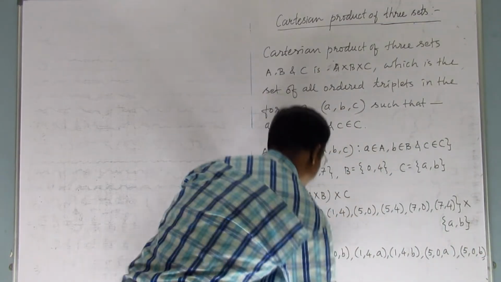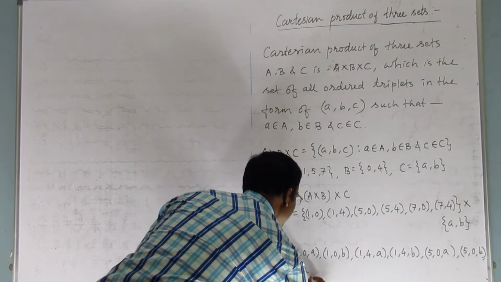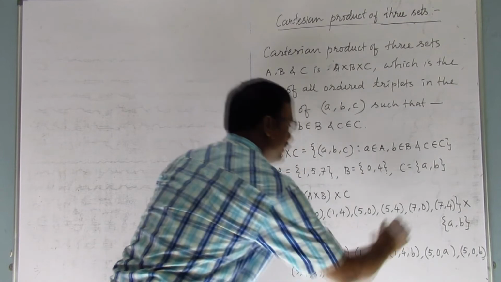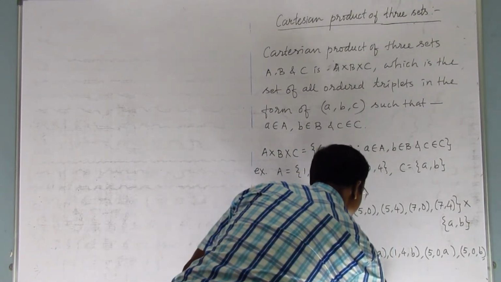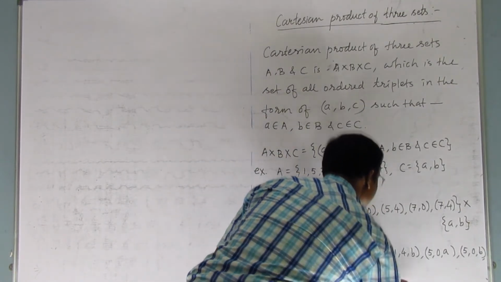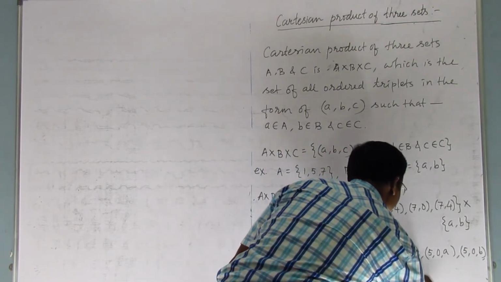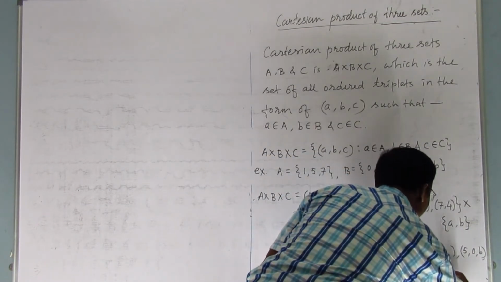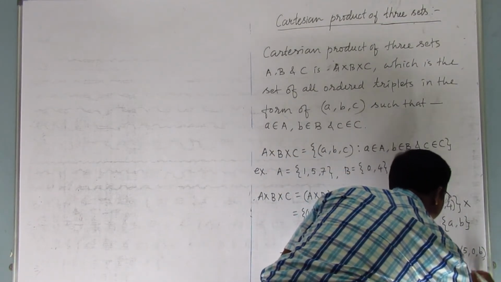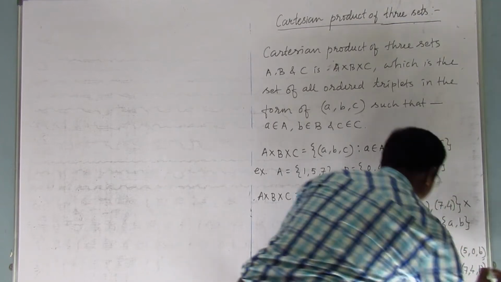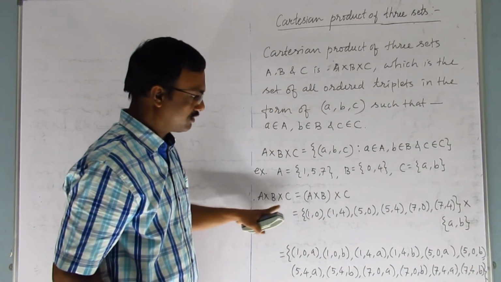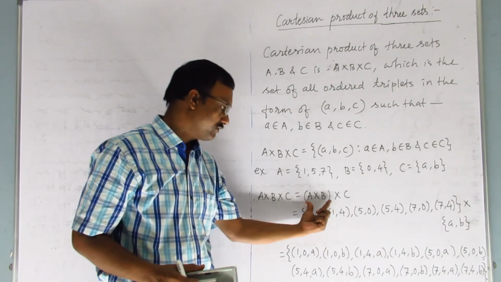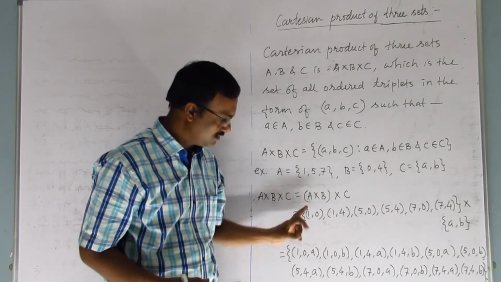Then with (5, 4): (5, 4, a), (5, 4, b), and so on. (7, 0, a), (7, 0, b), and lastly (7, 4, a) and (7, 4, b). Okay, so this is the set A cross B cross C. So while finding A cross B cross C, we have to find out A cross B first and then find a cross with C in this way.